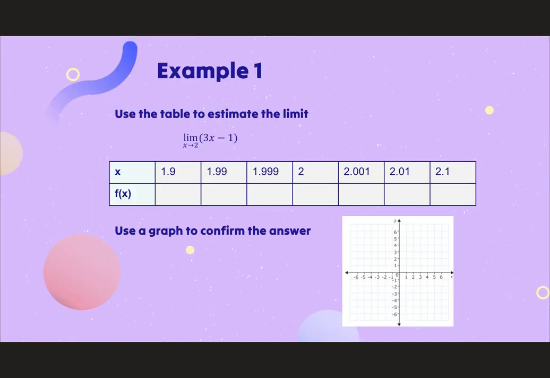So we start with a t-chart, okay? This says use the table to estimate the limit. Now notice these are not your typical values. We're starting with something like 1.9, and then going to 1.99 and 1.999. The middle value should match the value on the limit.